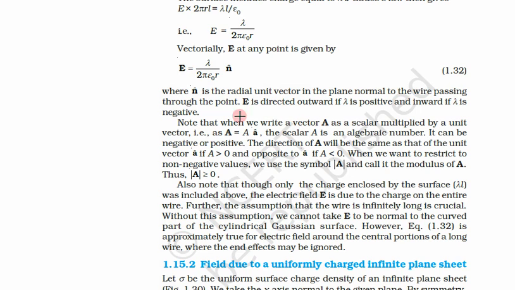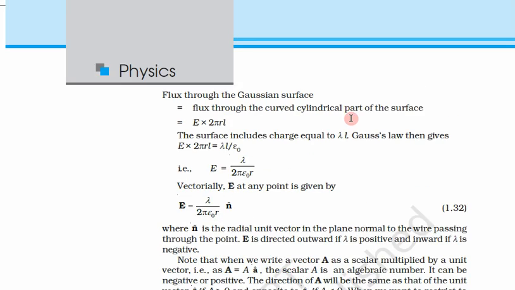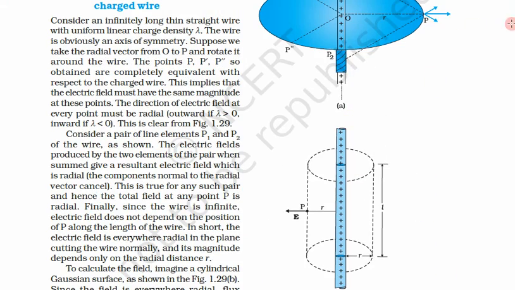Let us understand some of the things written here. Here n is the radial unit vector. What is the radial unit vector? Here you can see in each and every case it is always radially outward. They are saying the n vector is the unit vector which has a direction radially outwards.